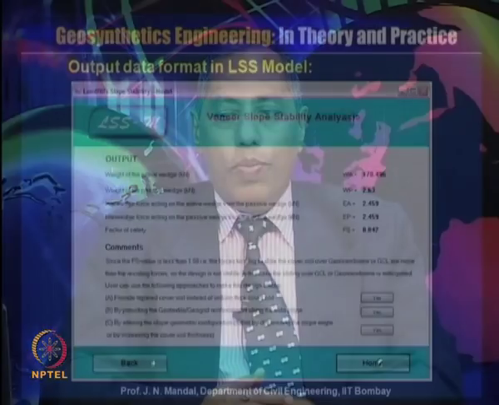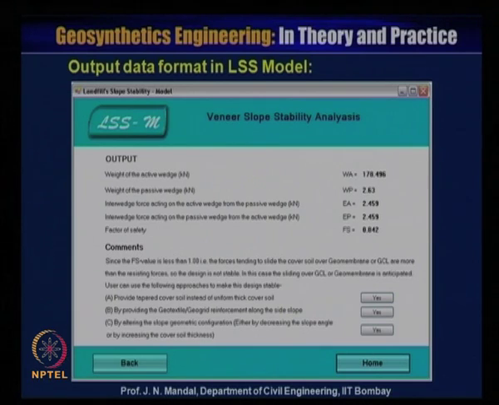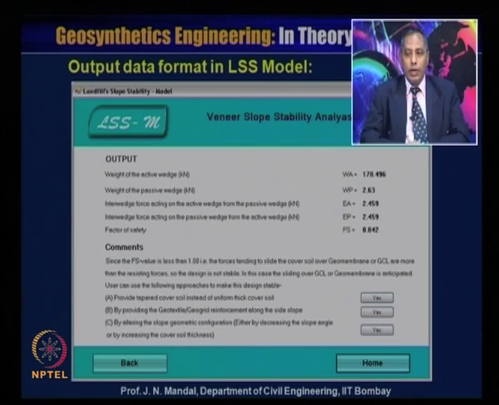So, you can obtain the output: weight of the active wedge WA is 178.496 kilonewton, and weight of the passive wedge WP is equal to 2.63 kilonewton, and interwedge force acting on the active wedge from the passive wedge, that is EA, is equal to 2.459 kilonewton, and similarly the interwedge force acting on the passive wedge from the active wedge, that is EP, is equal to 2.459 kilonewton.